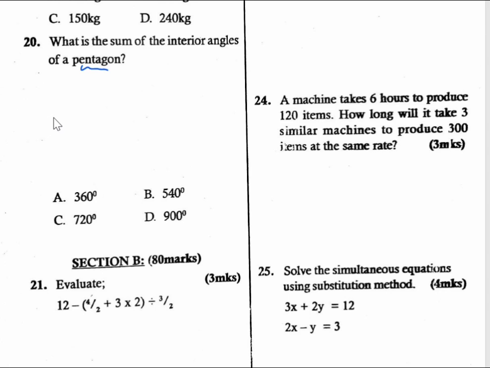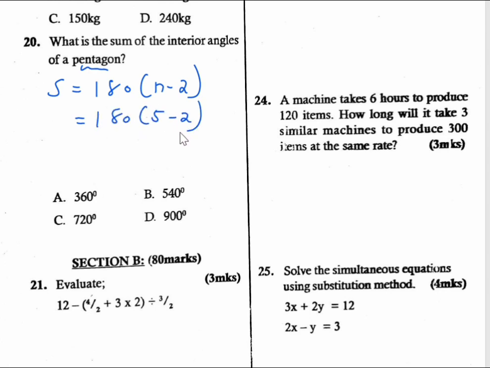We know that the sum of interior angles is equal to 180 into n minus 2, where n is the number of sides. Since a pentagon has 5 sides, this will be 180 into 5 minus 2.